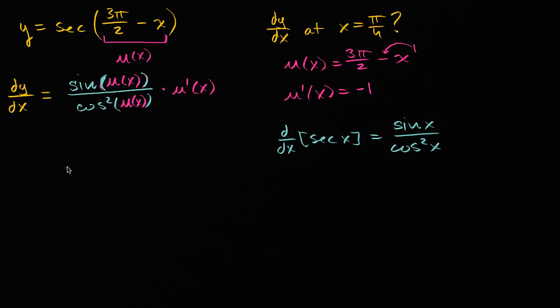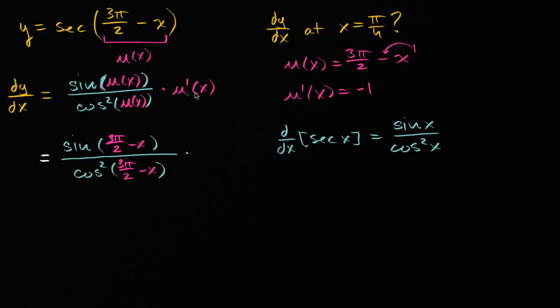So what is this going to be equal to? Well, I could just substitute back. This is going to be equal to sine of u of x, which is 3 pi over 2 minus x, over cosine of u of x squared, times u prime of x. U of x is 3 pi over 2 minus x.